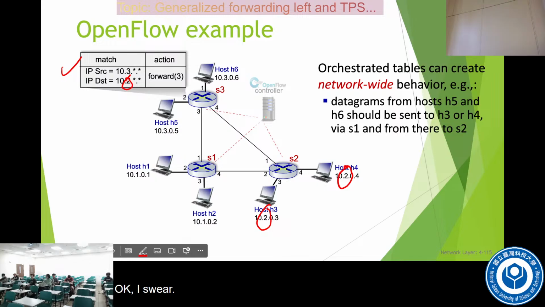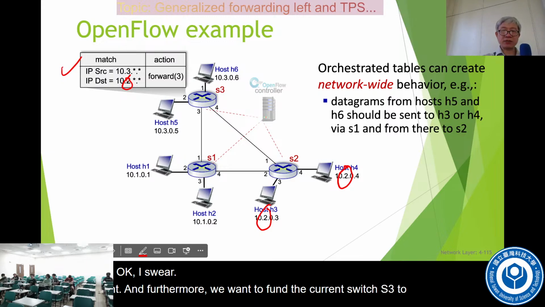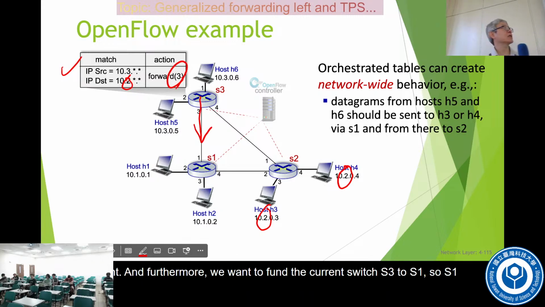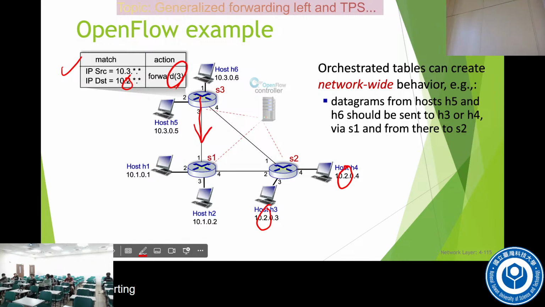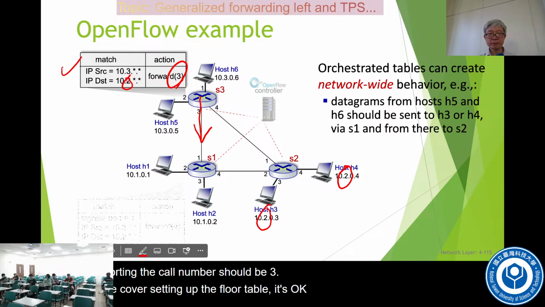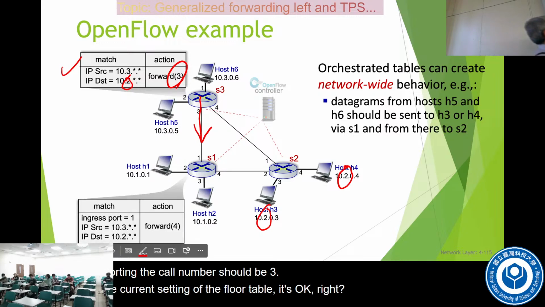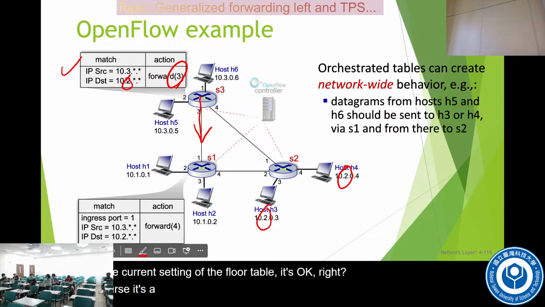All right. Furthermore, we want to forward from the current switch S3 to S1. So for forwarding, the port number should be 3. For the current setting of the flow table, it's okay, right? Of course, it's a destination-based example, so it's easy.